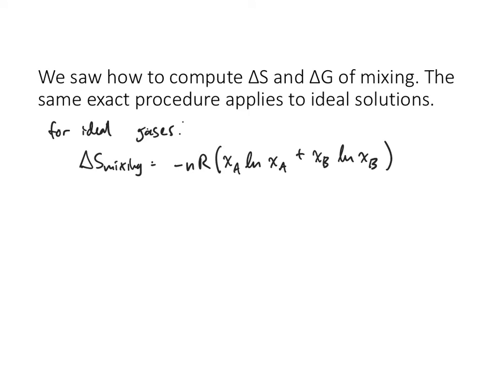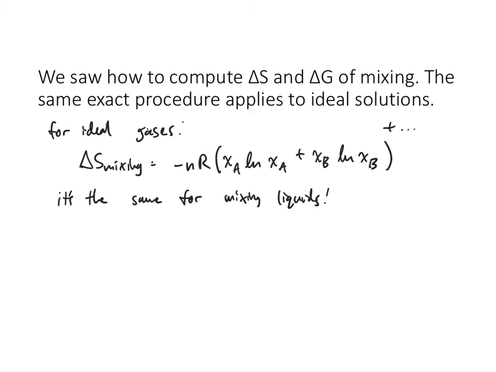And this was just for a binary mixture of ideal gases. If you had more gases, then you just add all the terms up, on and on. Conveniently, it's the same for mixtures of liquids.